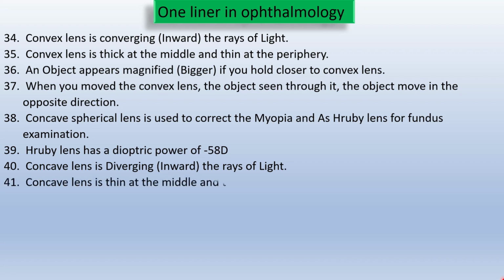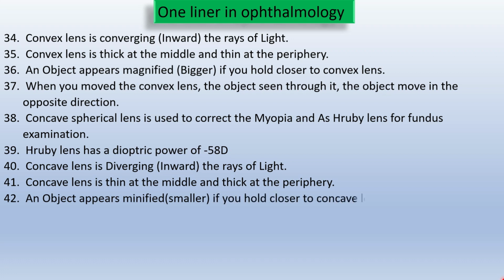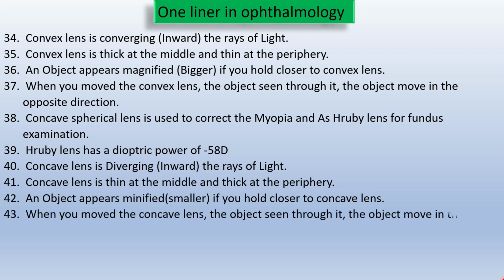Concave lens is thin at the middle and thick at the periphery. An object appears minified if you hold it closer to a concave lens. When you move the concave lens, the object seen through it moves in the same direction.